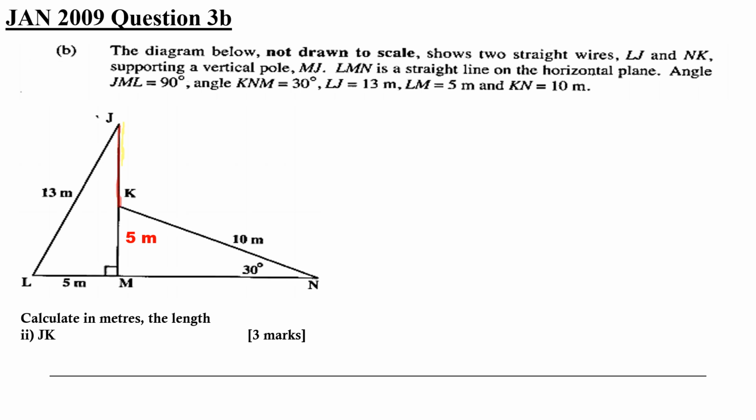JK right here. Now you would notice that is the triangle JLM, and it's a right angle triangle. We have two sides of the triangle, LM and JL or LJ.